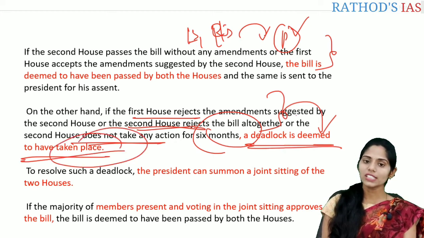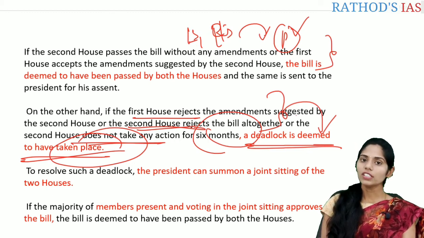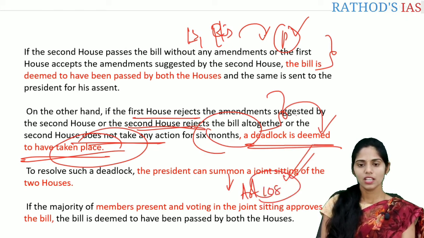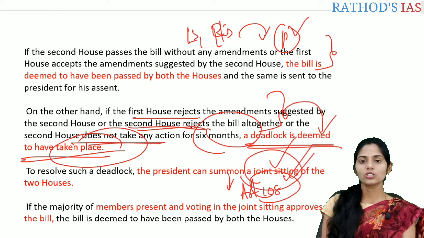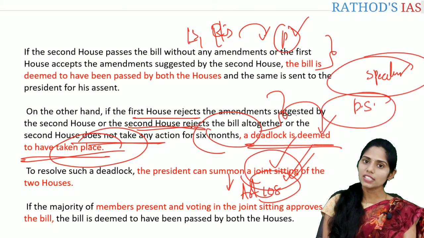Mainly to dissolve this deadlock, the President can summon a joint session of the 2 Houses. This is according to Article 108 of the Indian Constitution. This joint sitting will be presided over by the Speaker, not by the Chairman. If the Speaker is absent, then the Deputy Speaker. If the Deputy Speaker is absent, it will be the Deputy Chairman.